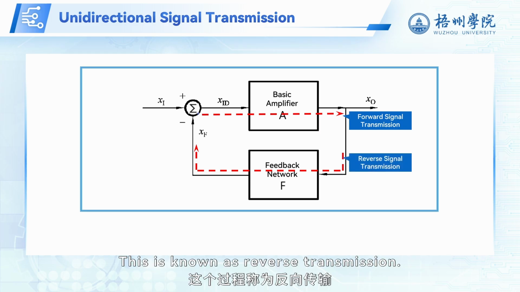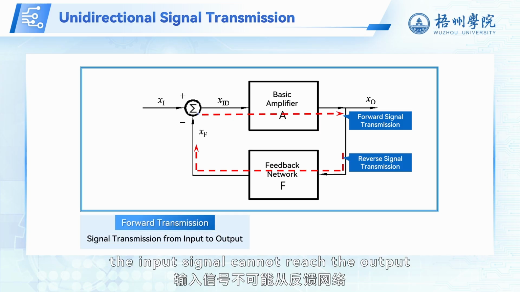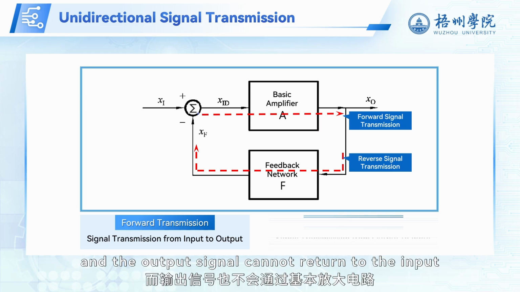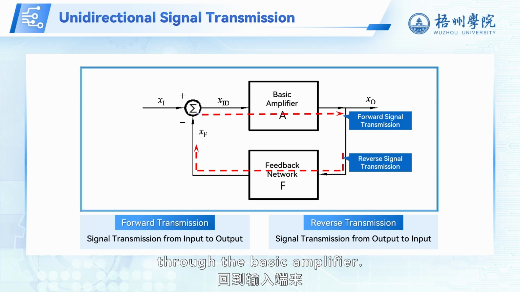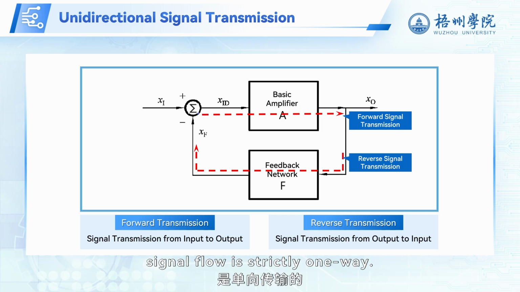This is known as reverse transmission. In other words, the input signal cannot reach the output via the feedback network, and the output signal cannot return to the input through the basic amplifier. Therefore, in a feedback amplifier, signal flow is strictly one-way.